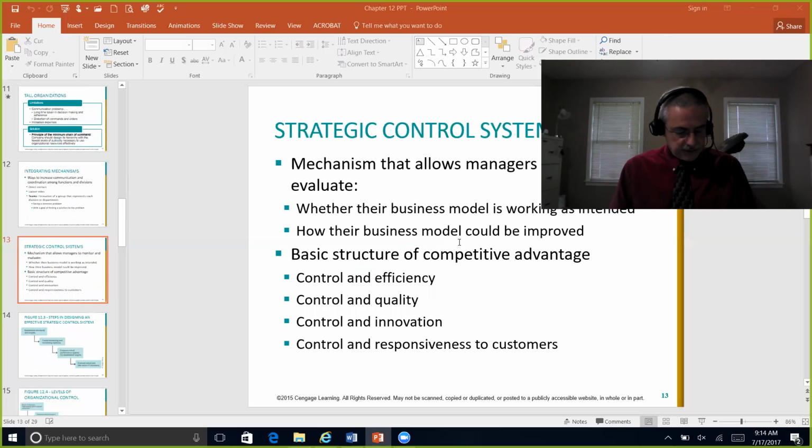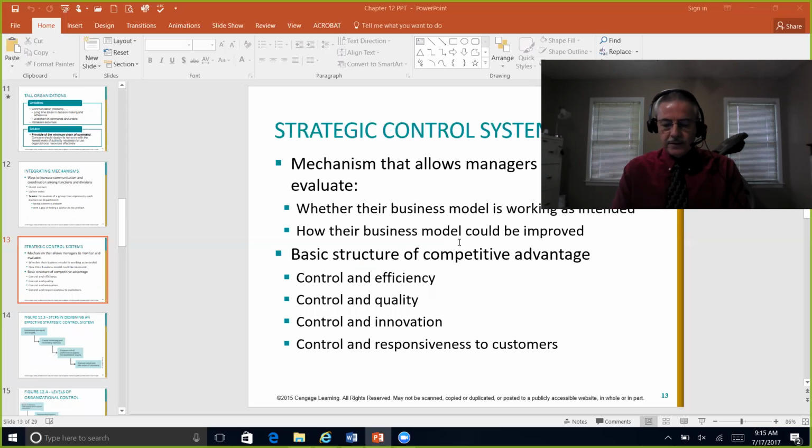Strategic control systems over on page 405 is another way in which managers can choose which organization structures or strategies they need to pursue to ensure that the resources of the organization are used effectively and efficiently to support its business model in support of creating value and profit for the organization.